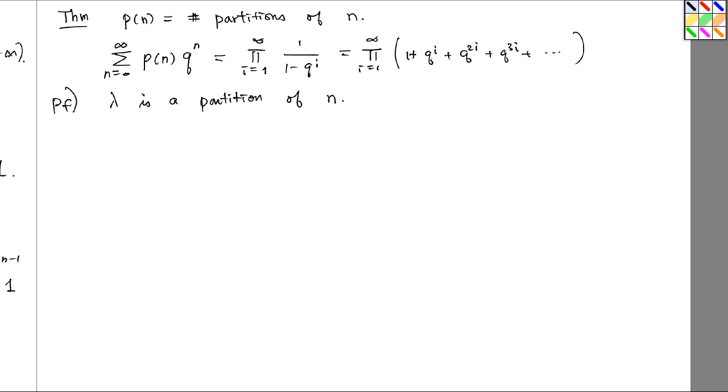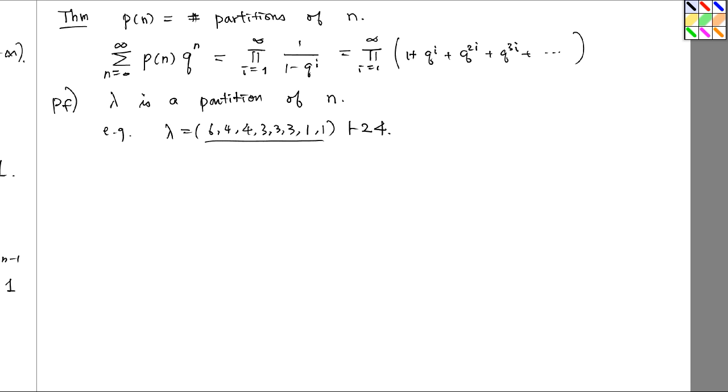For example, lambda equals 6, 4, 4, 3, 3, 3, 1, 1. This is a partition of 24. And here, the decreasing sequence, the order of these doesn't really matter because we always order them in decreasing order.